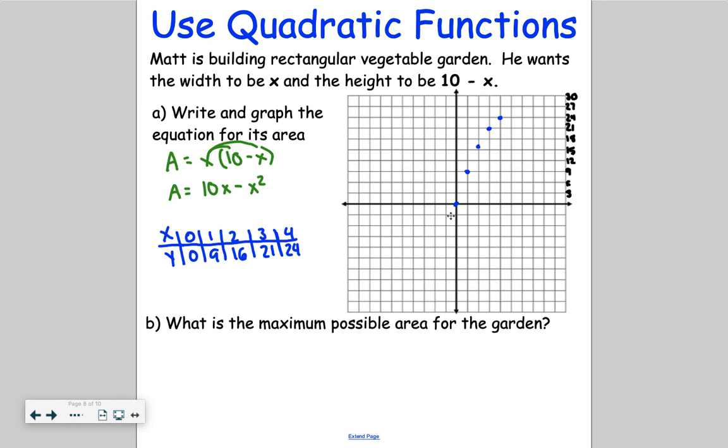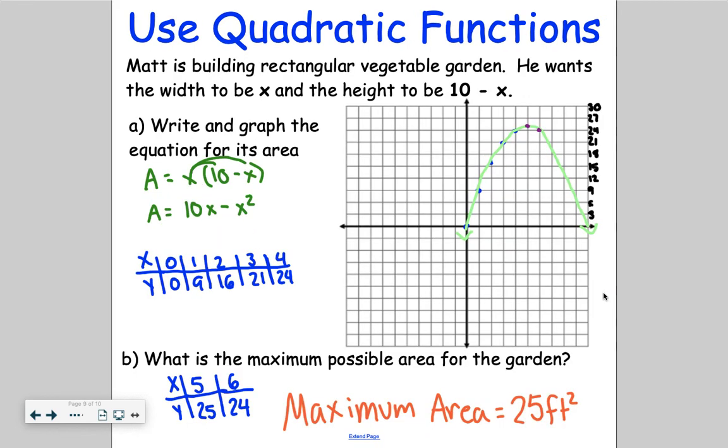So notice, my curve is curving up right now, and we're trying to figure out what that top point is. So I want you to extend that table, starting with 5 and continuing to go, until you get to the highest possible area value, the highest possible y value, and type that in as you try this one on your own.